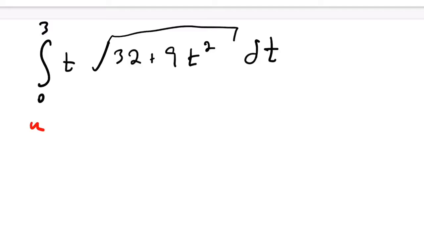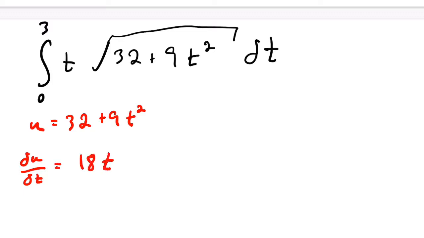In order to solve this, we're going to have to use u substitution. I'm going to let u equal what's inside of the radical, 32 plus 9t squared. If I take the derivative of both sides, du dt is equal to 18t. Multiply the dt over to the other side, and we would get du is equal to 18t dt.